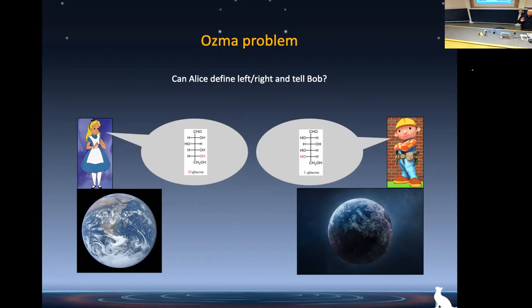So you have different versions, one the mirror image of the other. So she can say, well, it's easy. Look inside your body, take a little sample and look at the molecule, and she can describe the formula. And then since the molecule is chiral, is asymmetric, you can give an explanation of what is left and what is right. The heaviest atom is on the left and not on the right. But there's a problem. Because Bob may well be made of molecules with the same chirality or not.